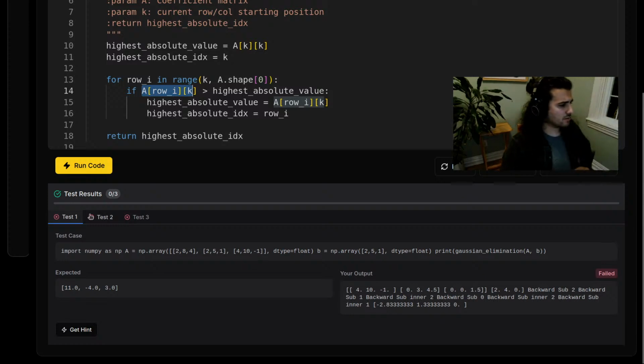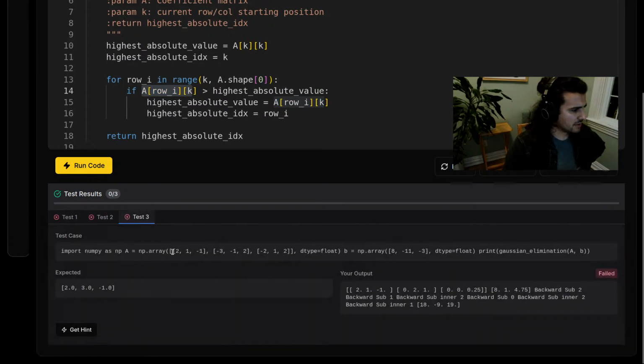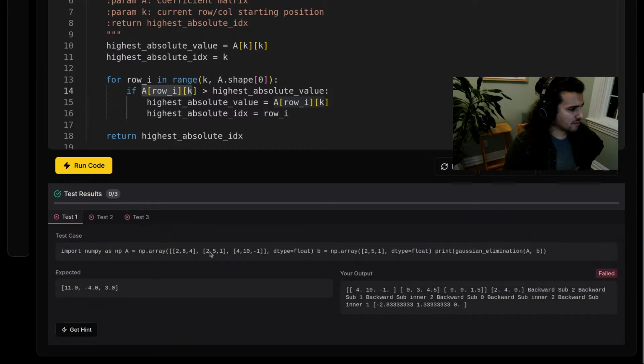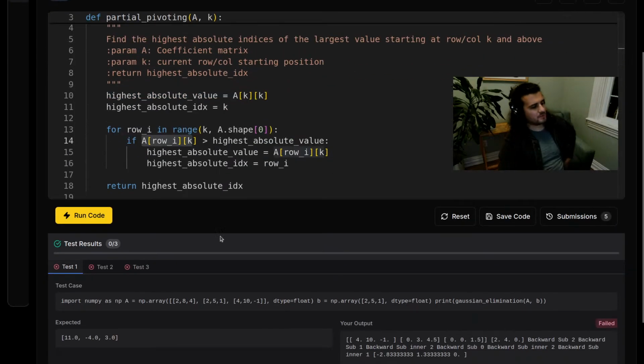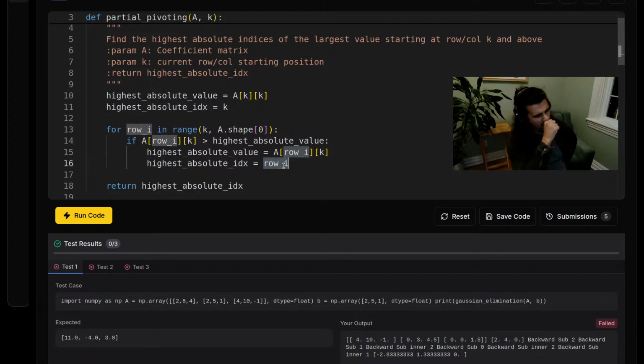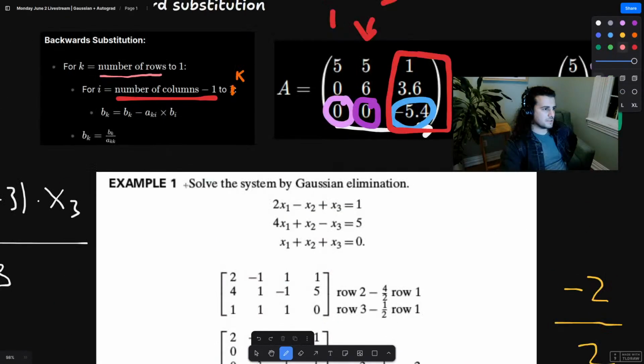No, it shouldn't matter yet, because I'm just taking the largest value here. And I'm taking the row I. Okay, I'm taking this bigger, and I'm just returning the IDX. What is it saying?